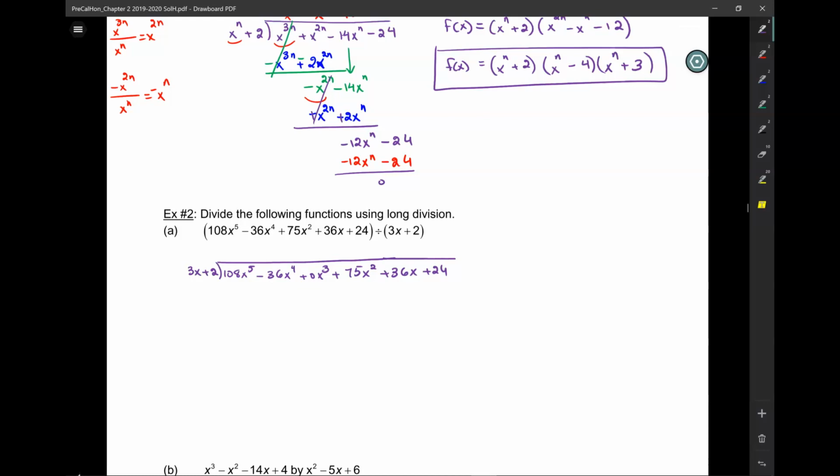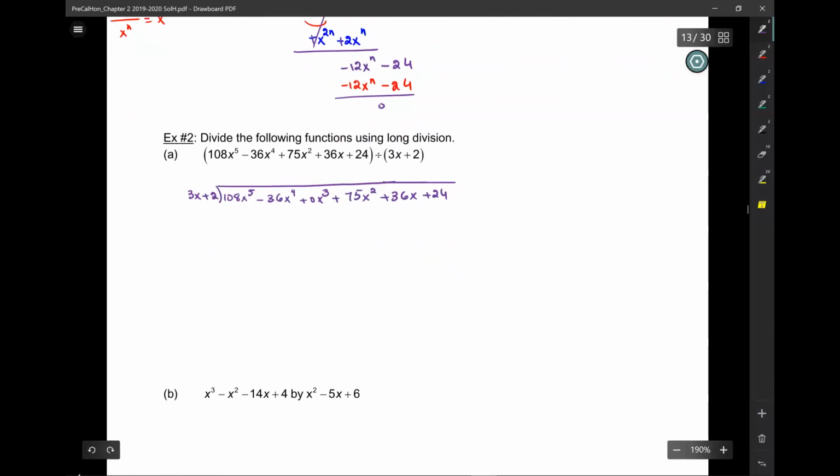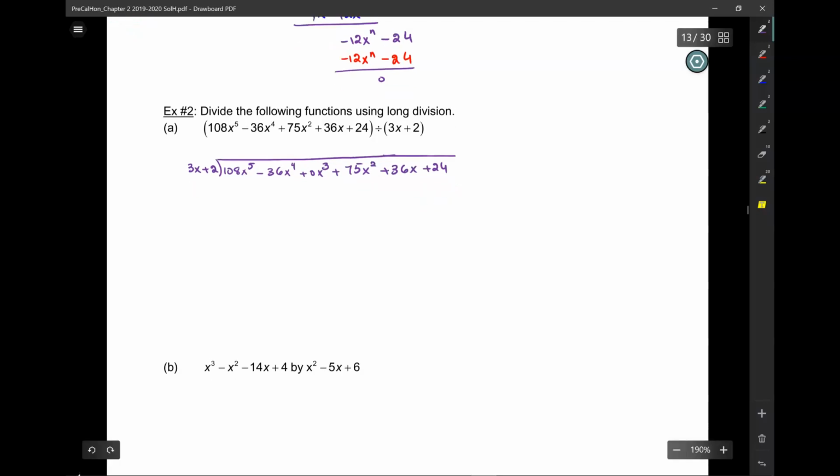All right? Okay, so let's go ahead and divide this out. So first, 108 divided by 3, 36x to the 4. Okay, I multiply.